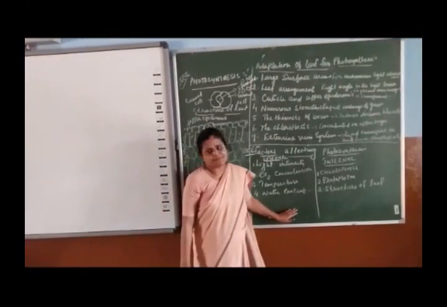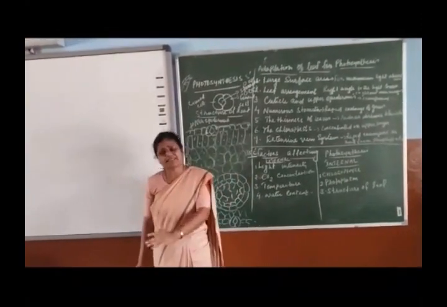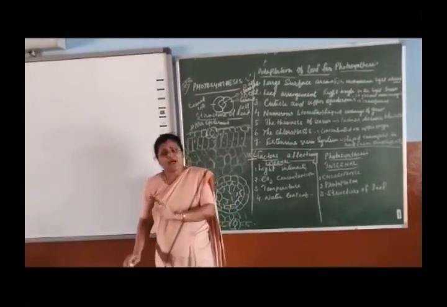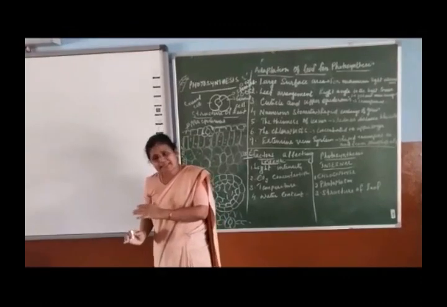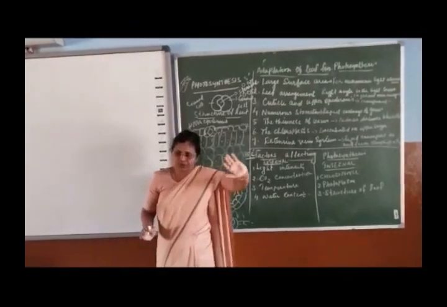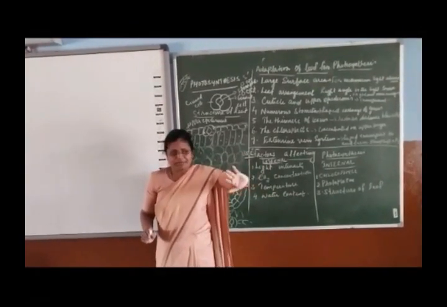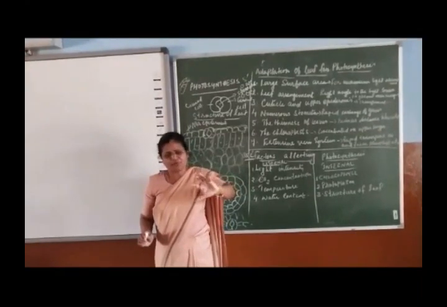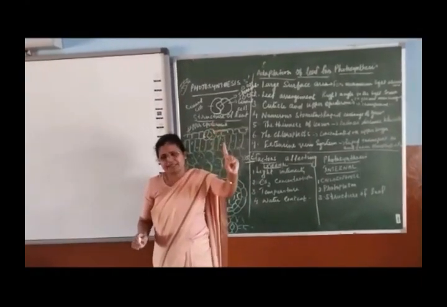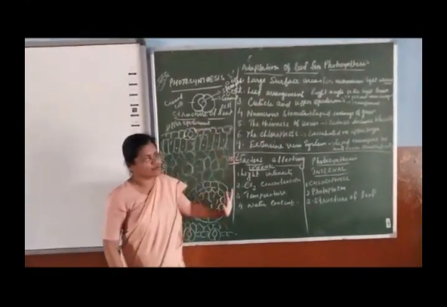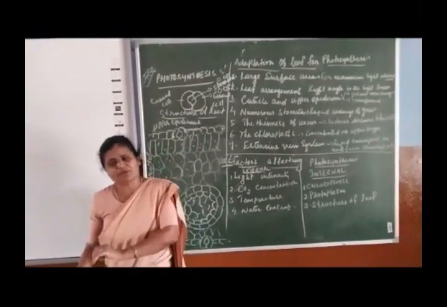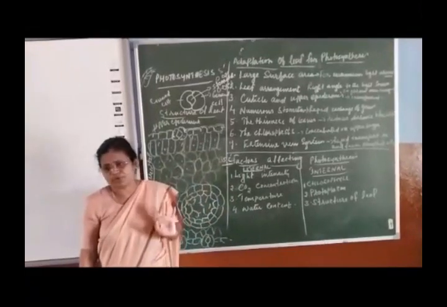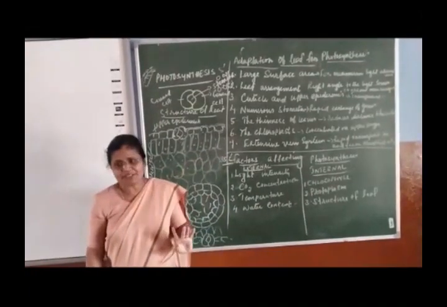Similarly, water content. Suppose there is scarcity of water. Remember, though a lot of water is absorbed by the root, it is lost due to transpiration. Photosynthesis uses only 1% of the total absorbed water, because a lot of water absorbed by the root is lost during transpiration.